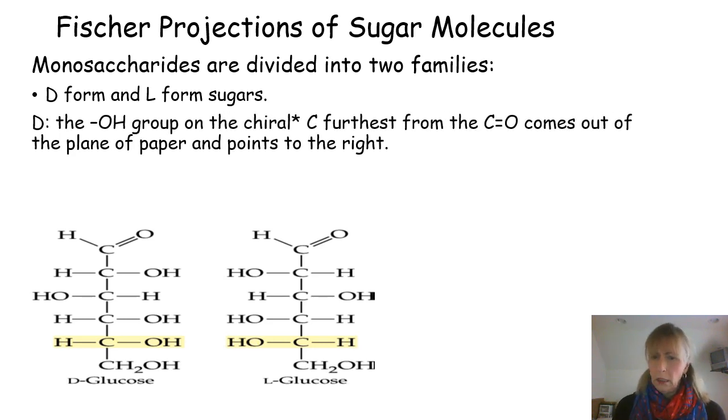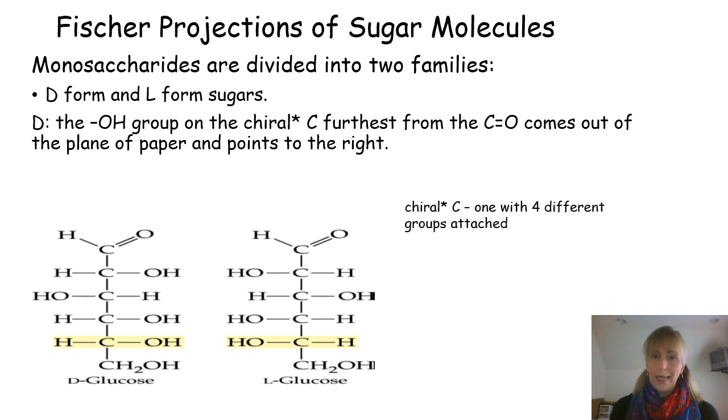What does it mean when we say the D form of a particular sugar, such as the D form of glucose? Well, that D designates the OH group on what is called a chirocarbon furthest from the carbonyl. So what's a chirocarbon? A chirocarbon is one with 4 different groups attached to it.